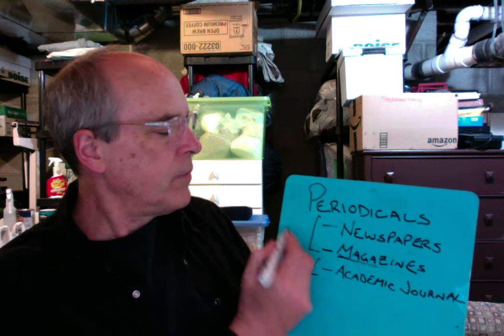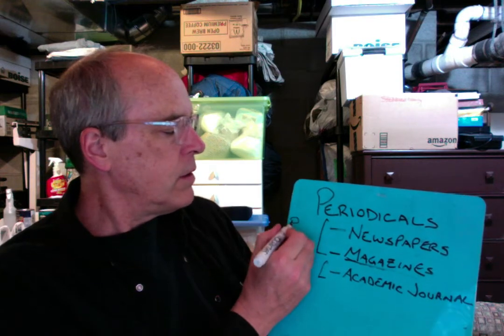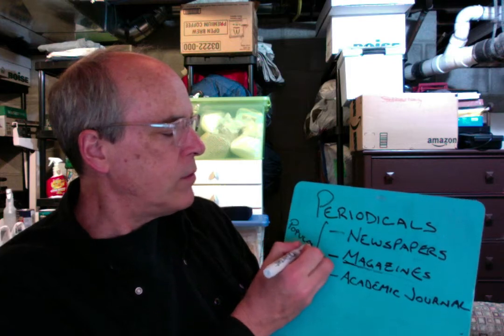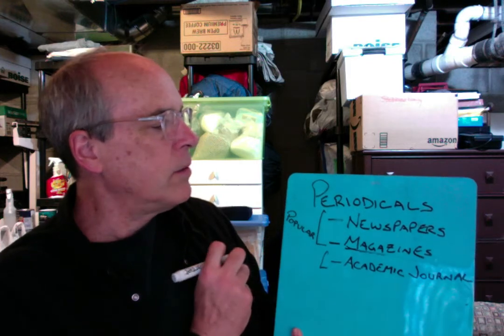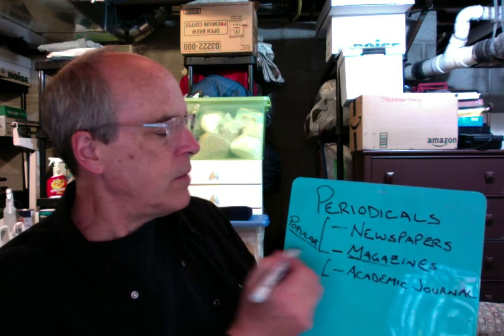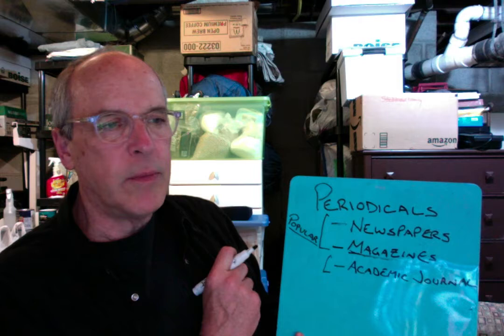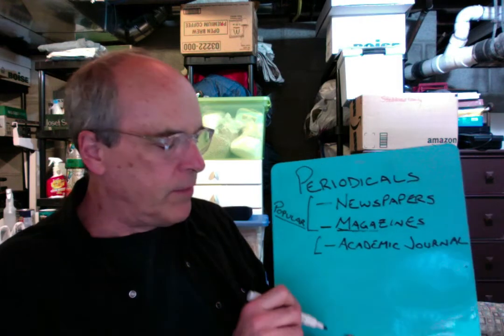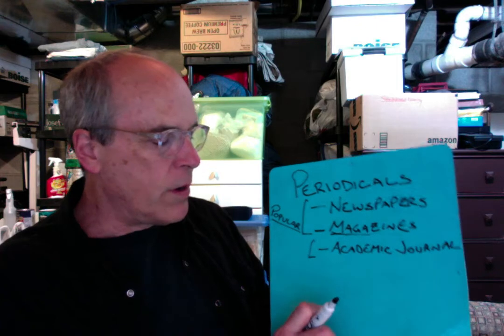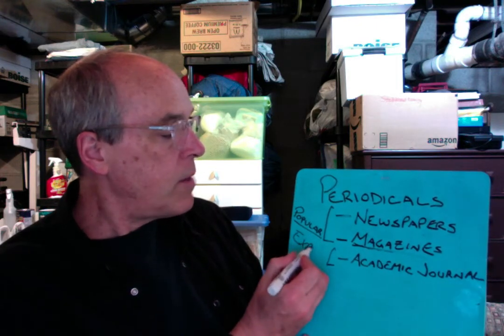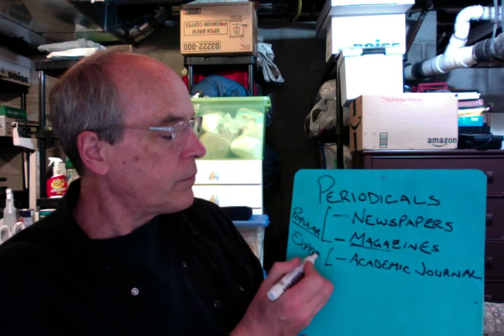These here are called popular magazines or popular periodicals, because popular in this case doesn't mean super liked by everybody, but it means having to do with the people, the general people. These are written for ordinary people. These are written for experts and by experts.